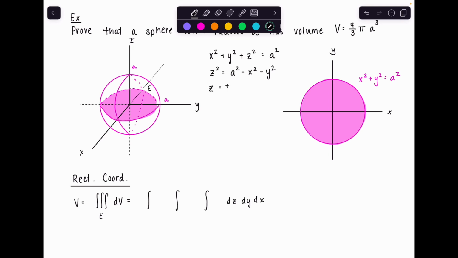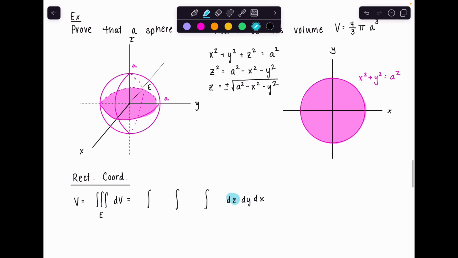So you get the top half and bottom half of the sphere just using plus or minus of these square roots. So in this case, the z coordinates would change from the bottom half of the sphere, which is negative square root of a squared minus x squared minus y squared, to positive square root of a squared minus x squared minus y squared.